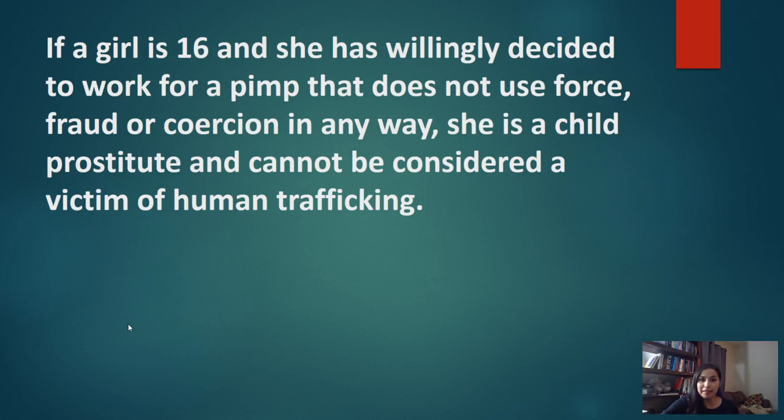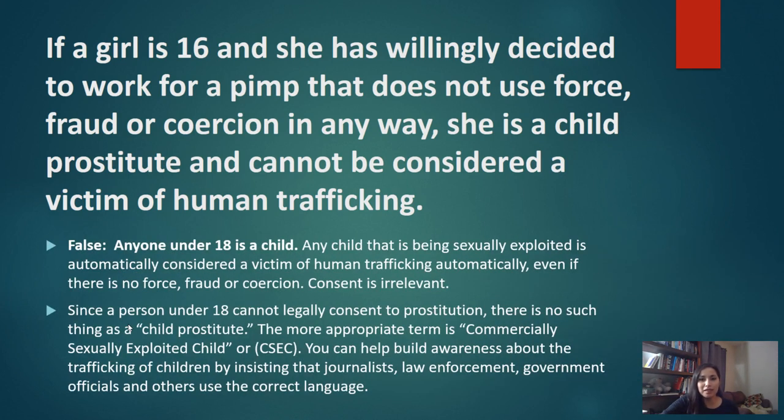If a girl is 16 and she has willingly decided to work for a pimp that does not use force, fraud, or coercion in any way, she is a child prostitute and cannot be considered a victim of human trafficking. True or false? That's actually false. So any child that is being sexually exploited is automatically considered a victim of human trafficking, even if there's no force, fraud, or coercion.